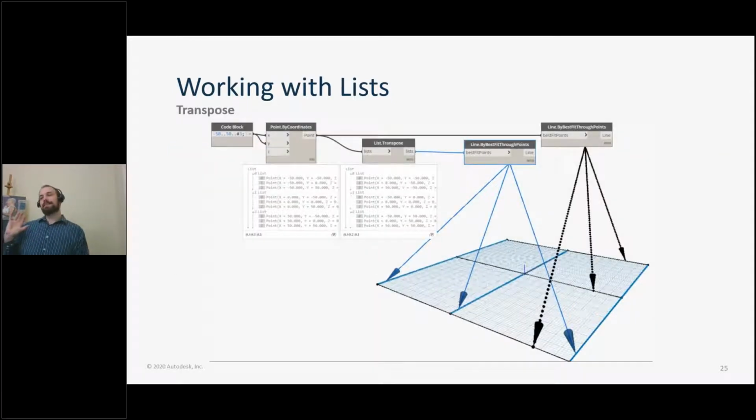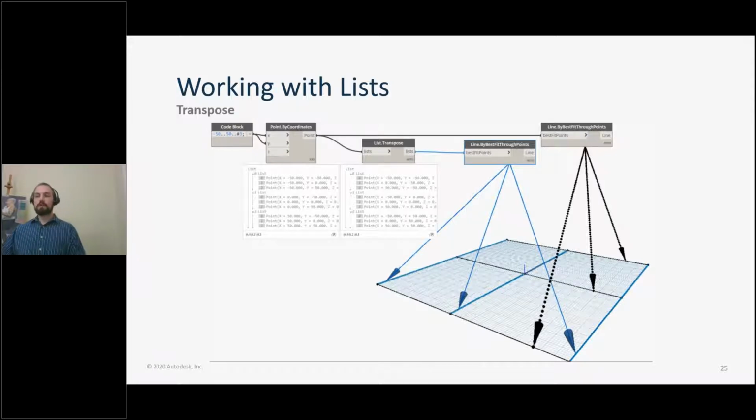And then the next node here, and this is a very, very, very important node. This is the list.transpose node, all right? And you can see I've got a fairly basic graph that I've put together here, which has a range that I've started at -50, ended at 50. We're going to have 3 values in between, and I've used that to create a series of points.